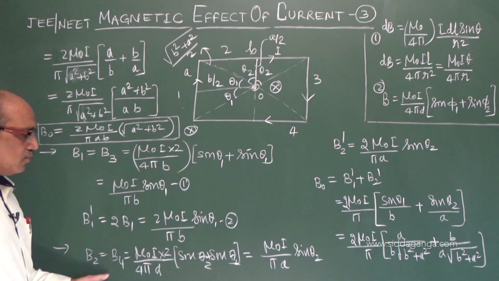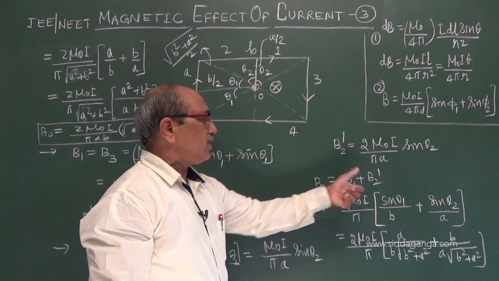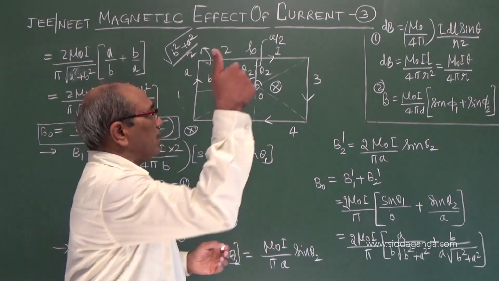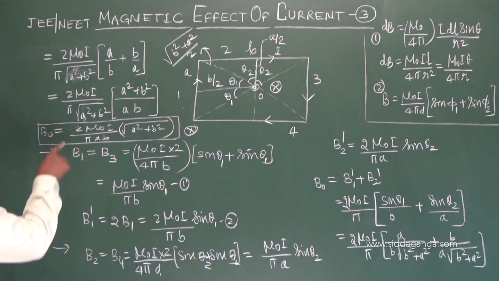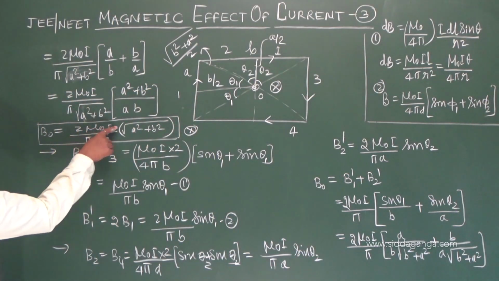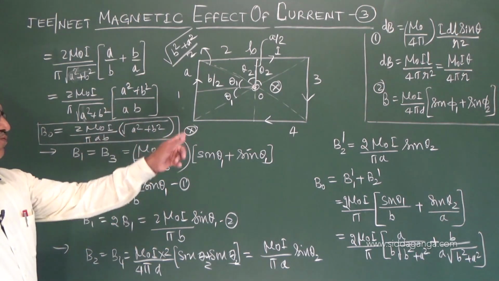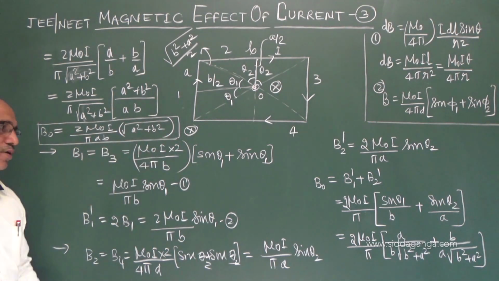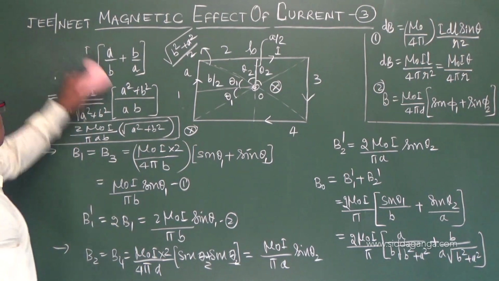Similarly, B2 and B4 same, and we multiplied by 2 to get B2 dash. B1 dash and B2 dash we add directly because the direction is same. When we add and simplify, we arrive at the relation 2 mu naught I upon pi ab into root of a square plus b square, and the field is into the board. I hope you followed. So coming to the next one.